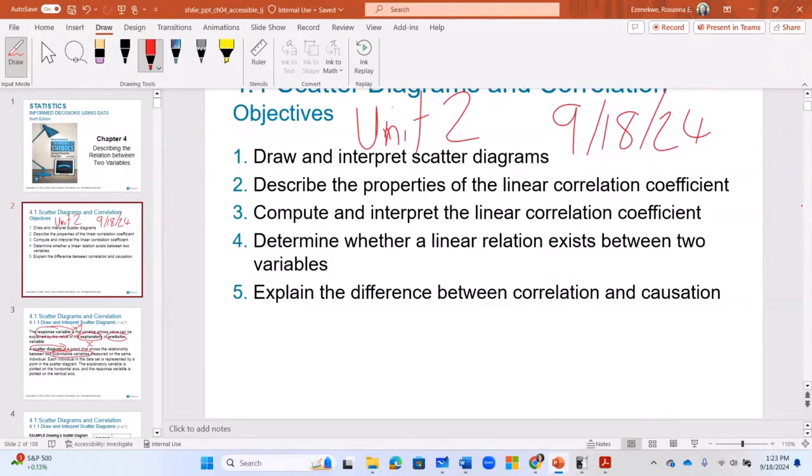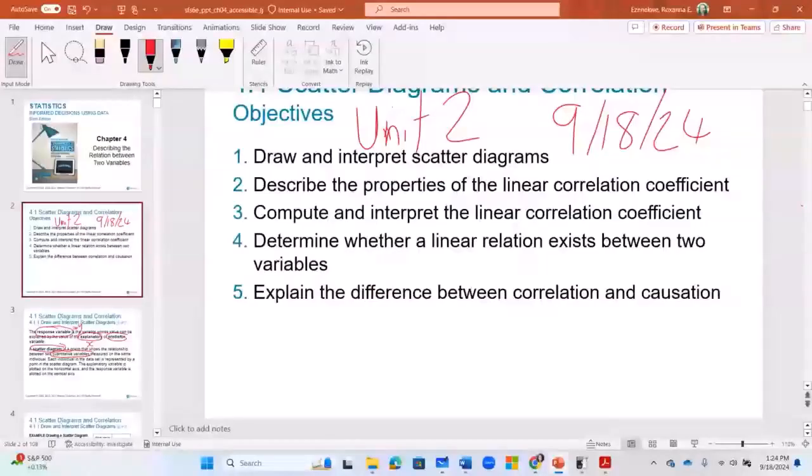Sometimes an outlier can cause a relationship between X and Y, but most of the time, it may not actually be that X is affecting Y.